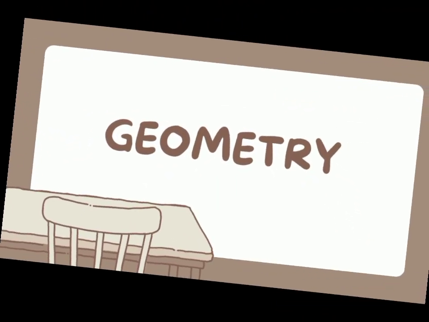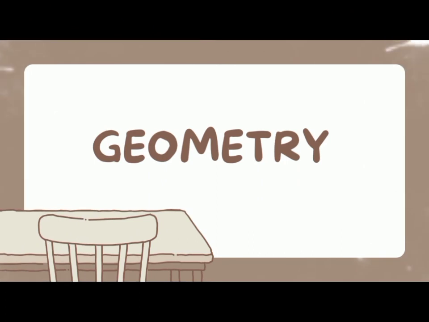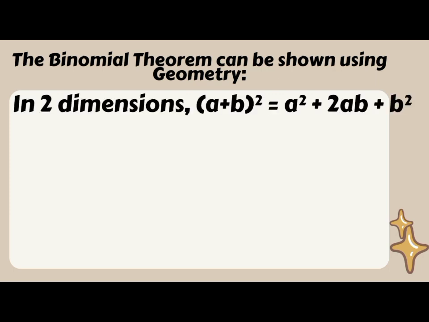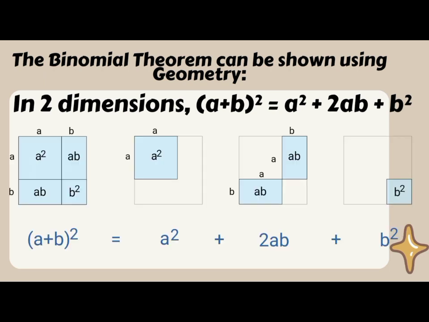This topic is about geometry. The binomial theorem can be shown using geometry. In 2 dimensions, (a + b)^2 equals a^2 + 2ab + b^2. These show our examples in 2 dimensions.